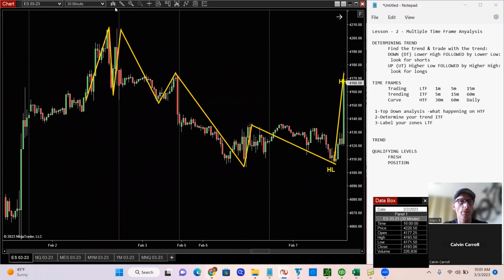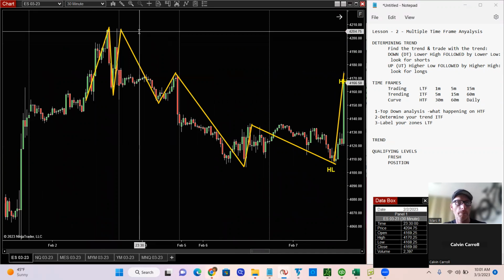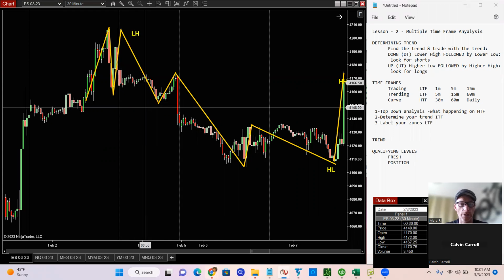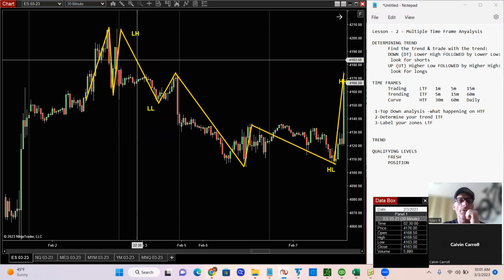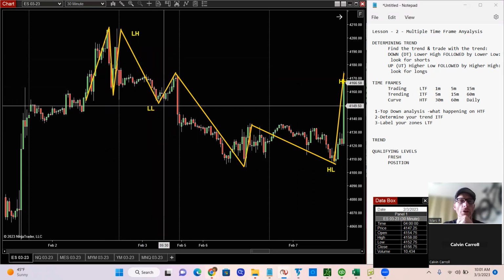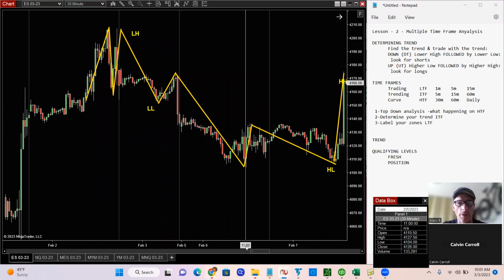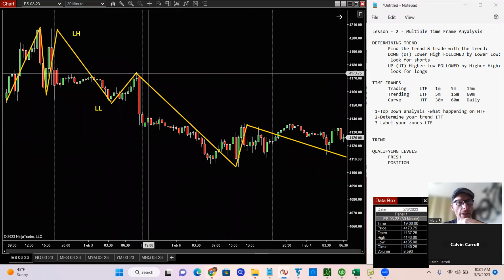And from this point, you had a lower high, and here you got your lower low. So now you're confirmed in a 30-minute downtrend in this case, because we're on a 30-minute chart. The time frame at the moment is not relevant, it's just the price movement that we're looking at.